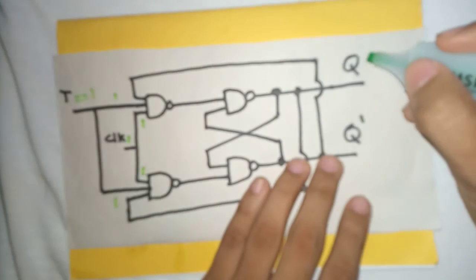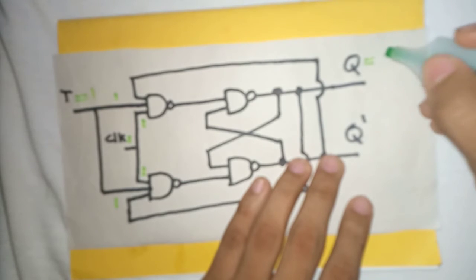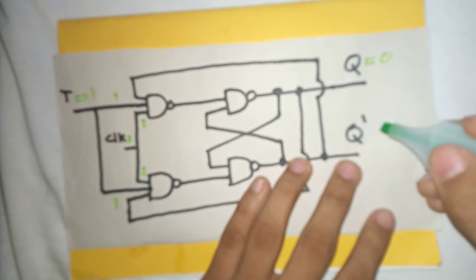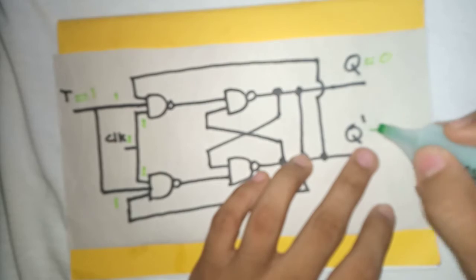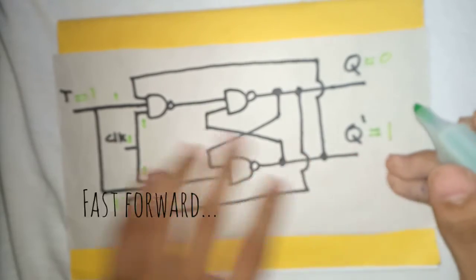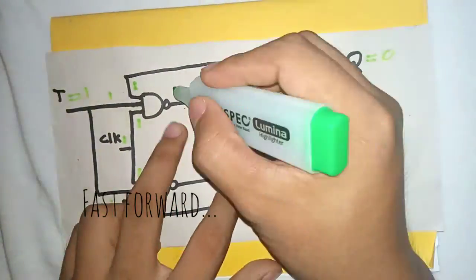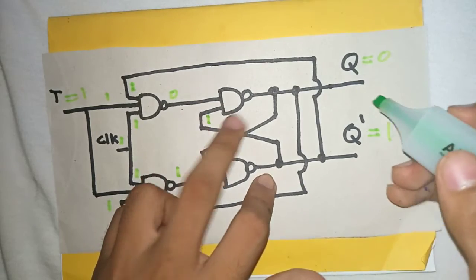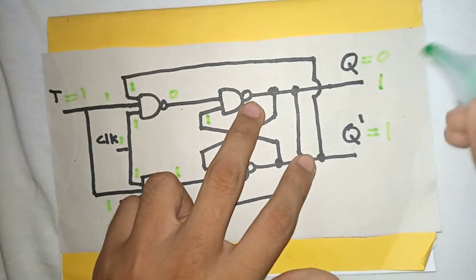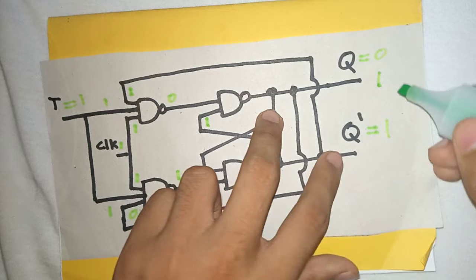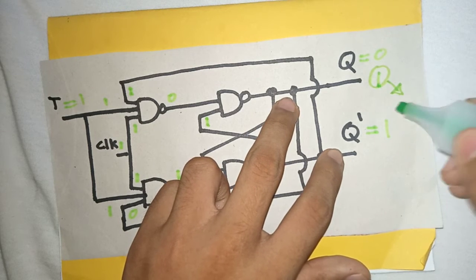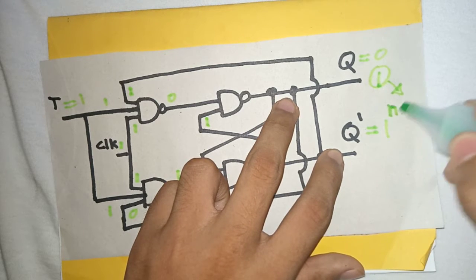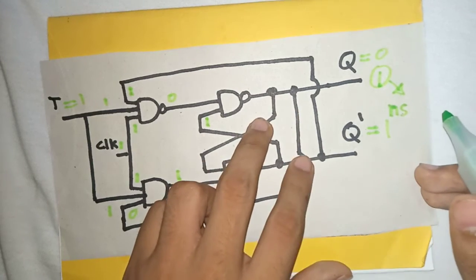Assuming that the Q here is 0, the inverted output is 1. So the output here is 1, and the 1 here is our next state output.